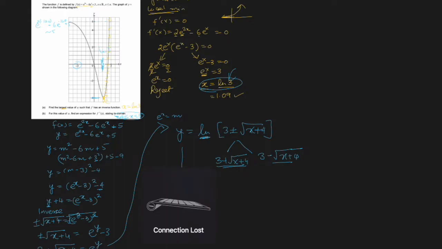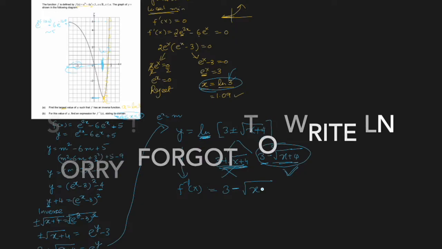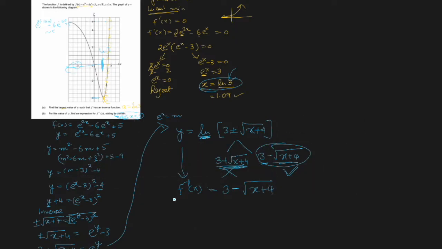This is what we found. We want less than ln 3, and this will add to ln 3 because this is the natural log in front, and this will be less than ln 3. That means this one is the one which is matching with our given function. So we will isolate this one, and this is what we will write. So it will be 3 minus square root x plus 4.